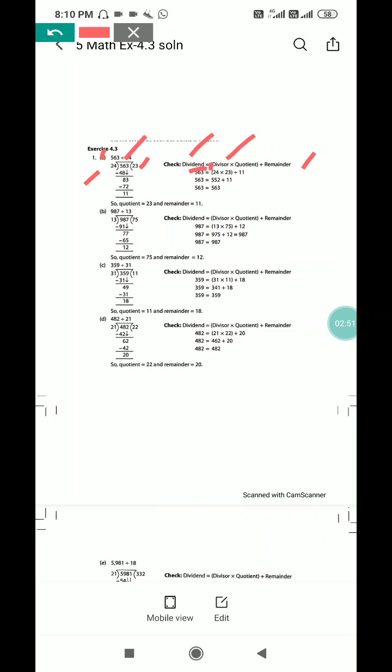Quotient is 23, we have written, and remainder is 11, we have written. After doing the calculation, we have got 24 into 23 equals 552. So 563 equals 552 plus 11, which equals 563. That means the left hand side is equal to the right hand side. That means our sum is correct.